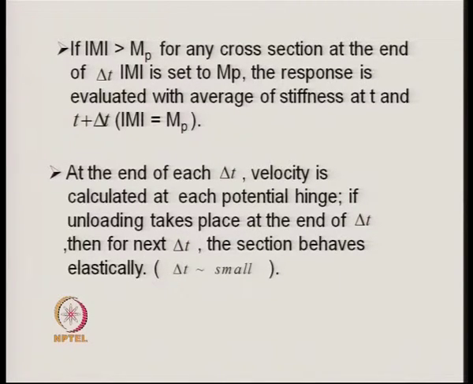Then at the end of the time interval we assume the stiffness at that particular cross section to be equal to the initial stiffness of the cross section, and with the help of that we obtain a total stiffness matrix of the entire structure.